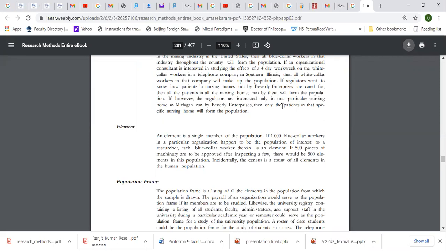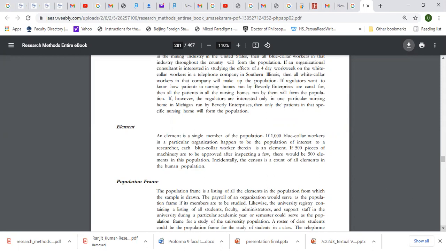So for example, if there are all the students of BS English, you want to conduct a study in which you want to know the proficiency level of, let's suppose, spoken English of the students. So spoken abilities of the students and their mistakes. The population that you're taking is BS English students, and in that BS English students, each one of the students is the element in the population.